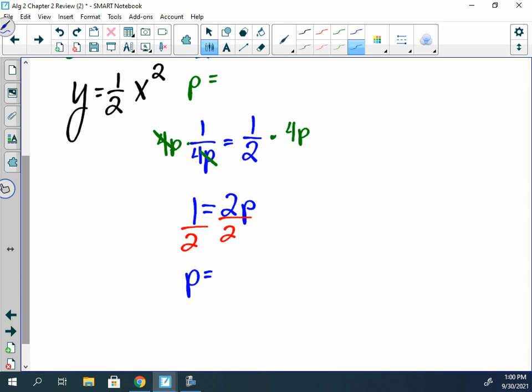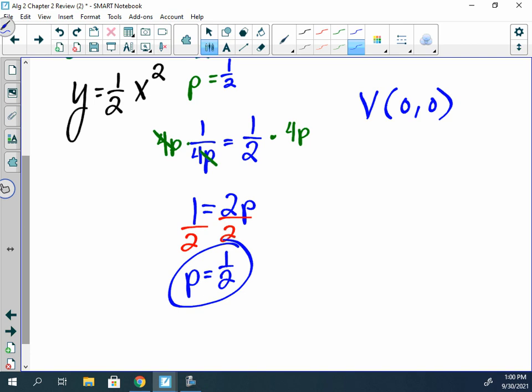And p is equal to 1/2. Now, coincidentally, it is 1/2. But will it work out that way every single time, that the number we started out with is the same? No. It just works out that when p is 1/2, the number in front of x squared is 1/2. Because 1/2 times 4 is 2, so we're left with 1/2.